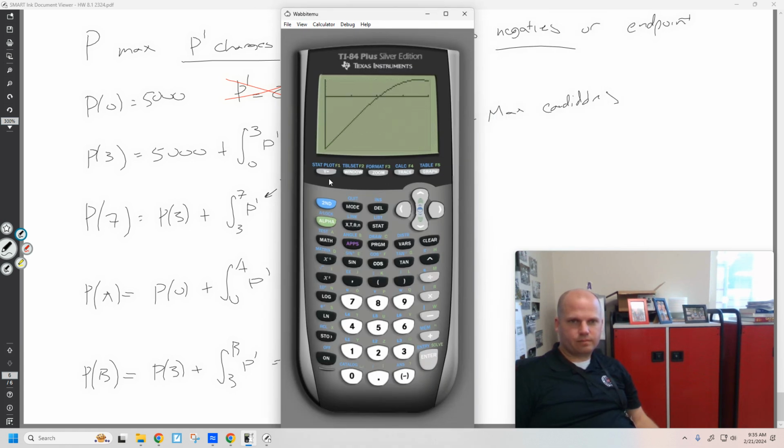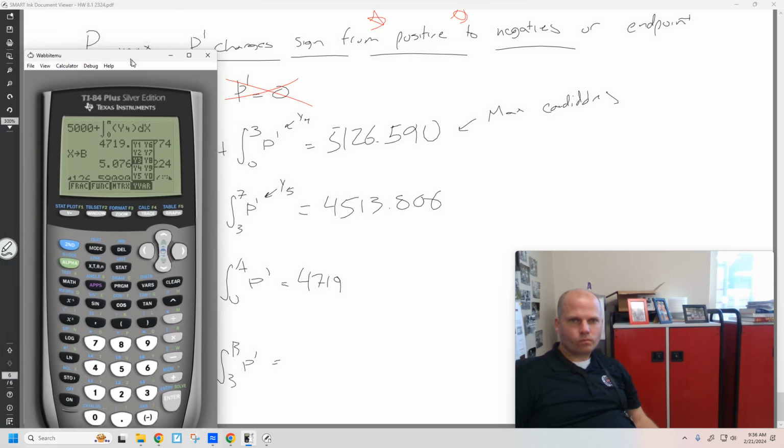Oh, I forgot. Yeah. Y position 3 plus the accumulation of Y4 from 3 to B. That displacement. Y5.